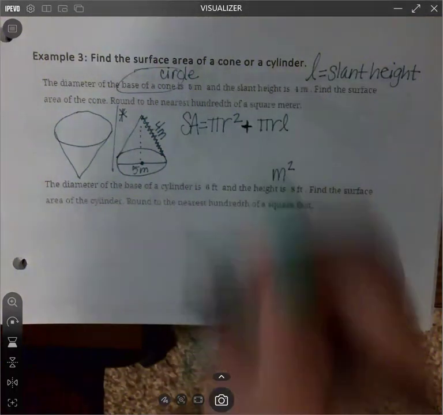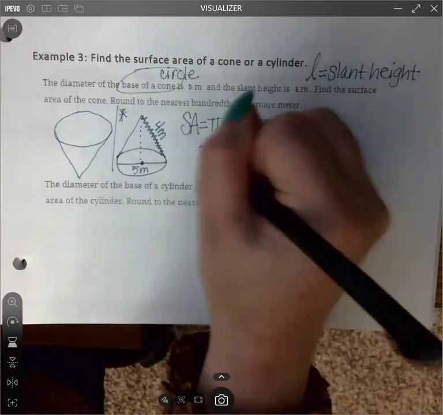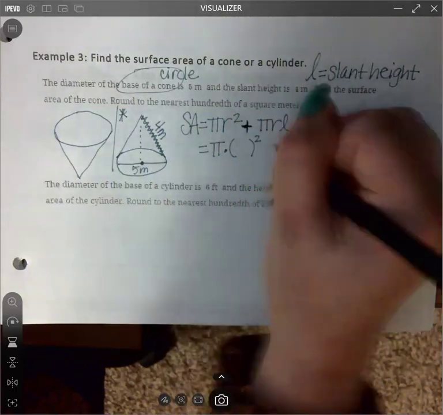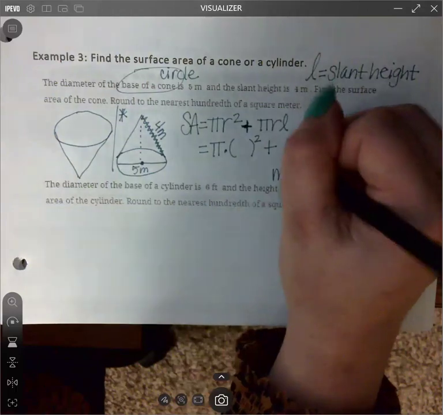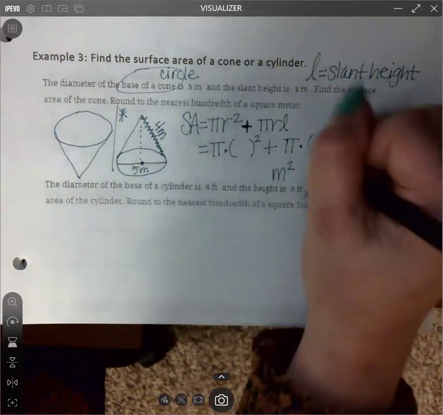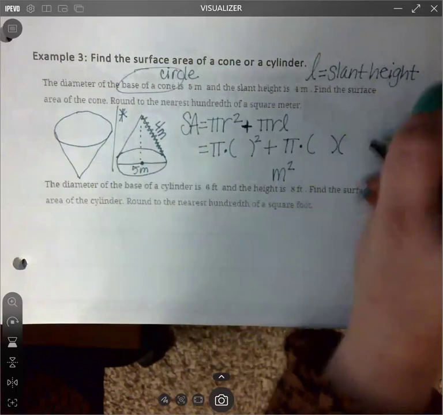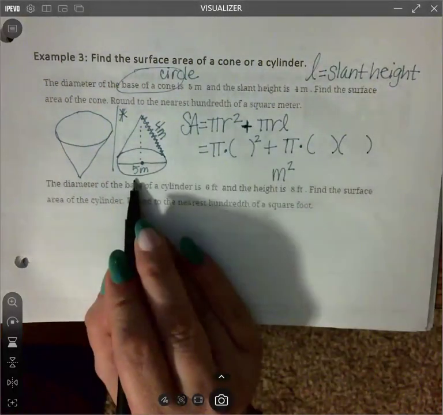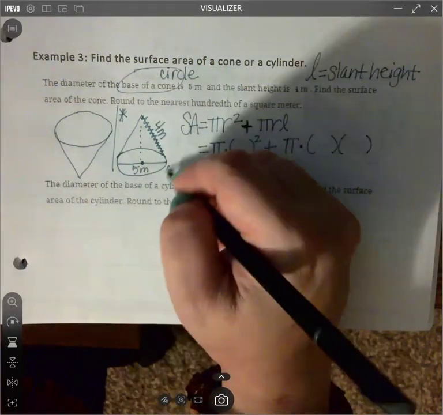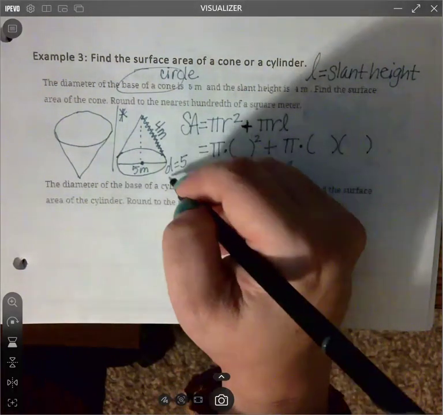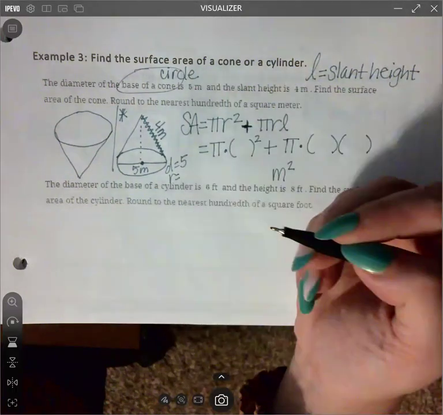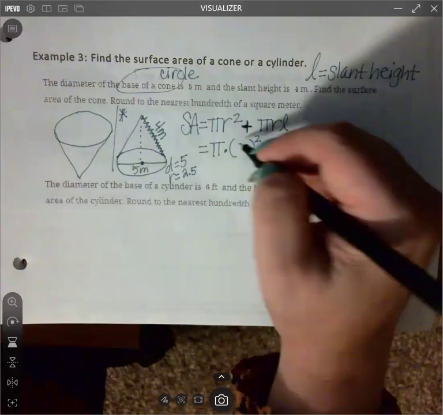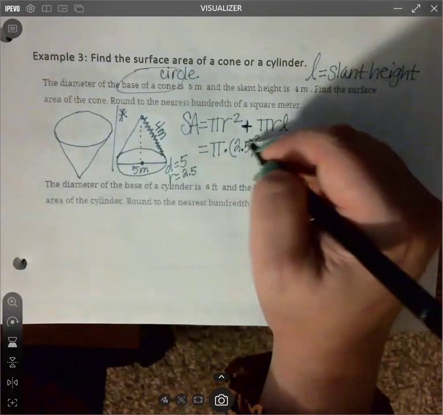So let's plug in what we know. Pi is a button on our calculator. We need the radius squared. And then we'll need the radius and then that slant height. Well, our diameter is 5 meters. So if the diameter is 5, what's the radius? Hopefully you said 2.5. So I want 2.5 squared.